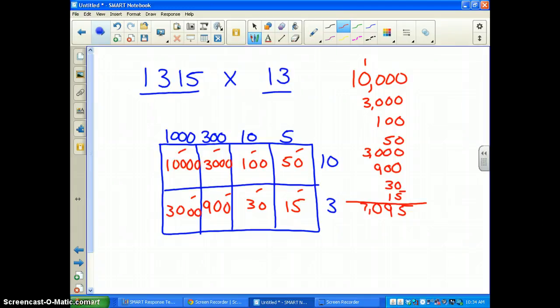Put a comma there. And then 1. That means our answer is 17,095. And that is a way to use the array method using both a 2 by 2 and a 4 by 2.